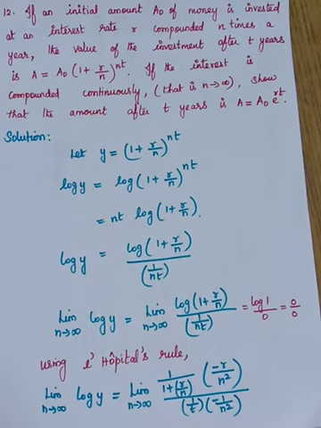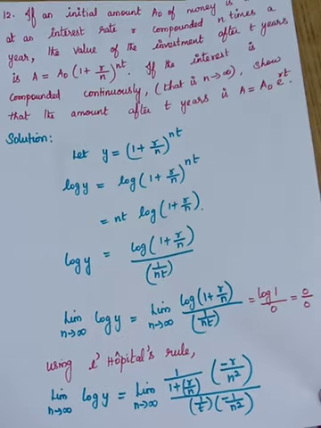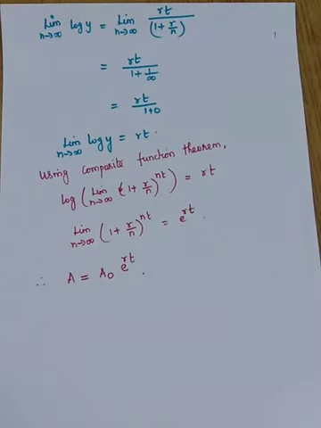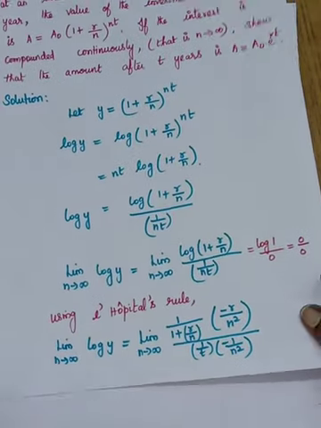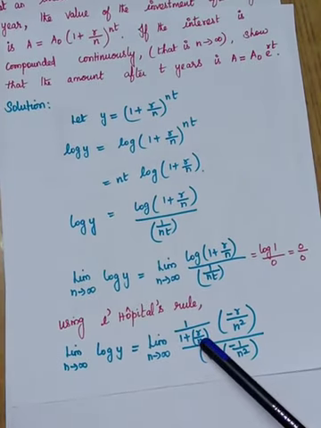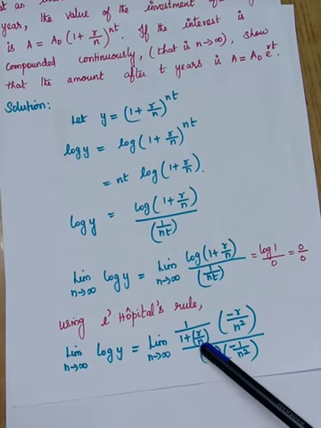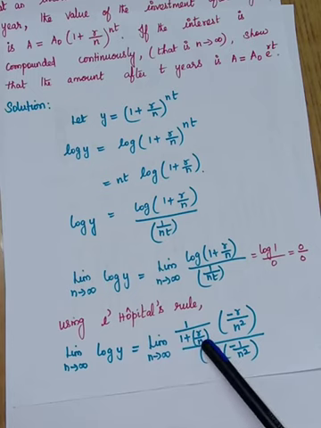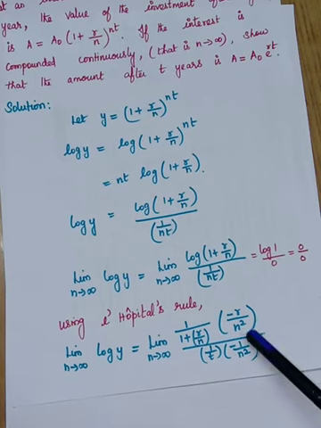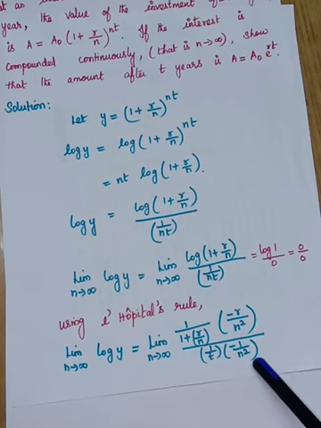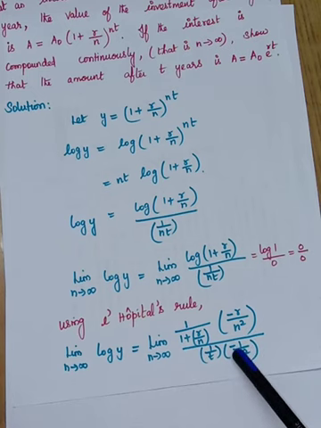Now you have to apply the limit, n tends to infinity. Because n is in the denominator, r by n will become 0, so we have 1 by 1 plus 0. Here this 1 by n squared and the other 1 by n squared get cancelled, and the minus minus also gets cancelled.